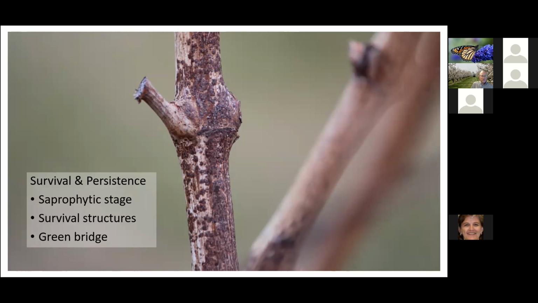They don't need a host per se to complete or to sustain their life, so they can just hang out and wait for your next crop to come in. Other pathogens will utilize something like a green bridge or another crop, whether they're aggressively pathogenic or it's just enough to sustain them until a more favorable crop comes in.